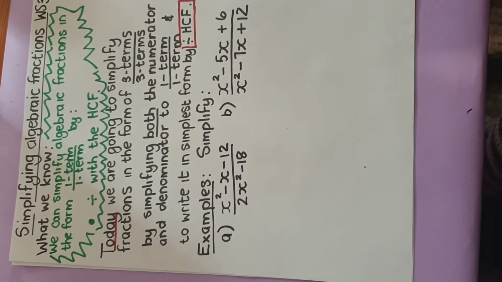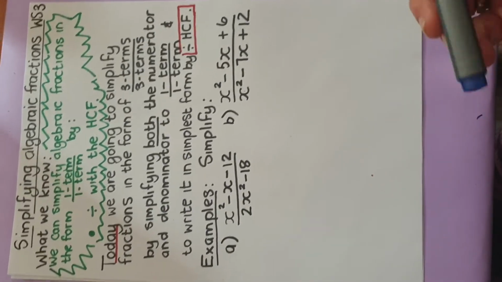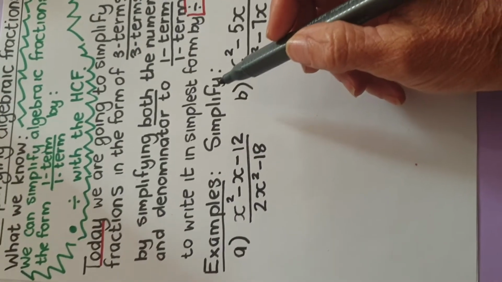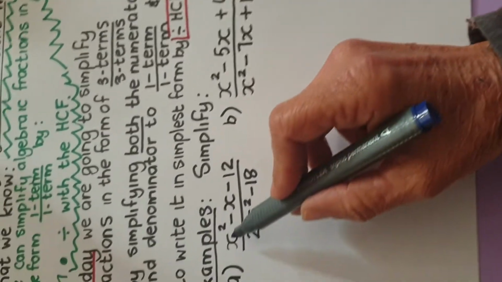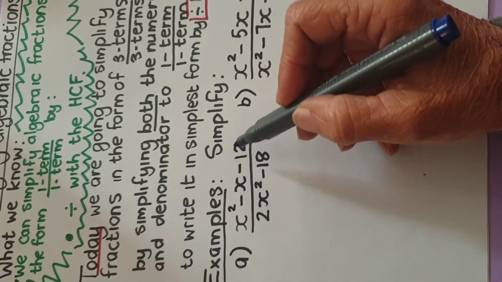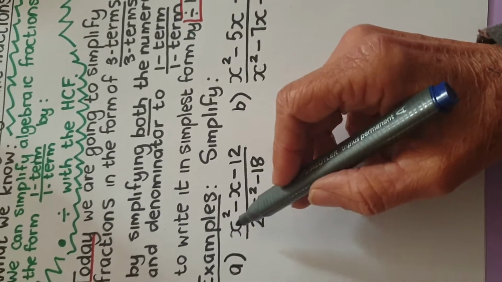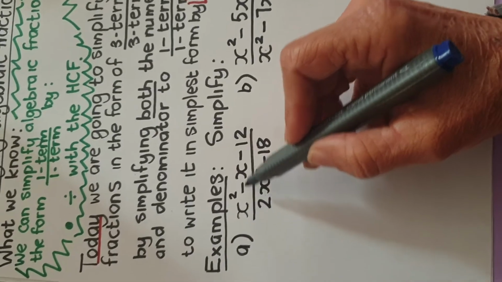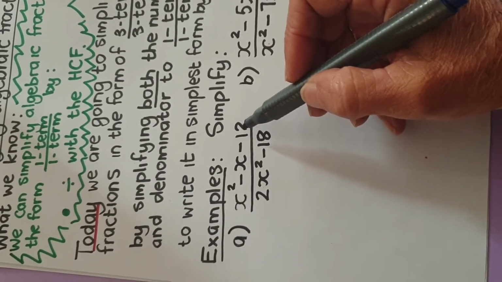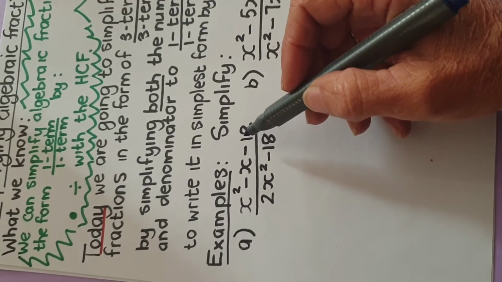So I'm going to start with the first example, where we're simplifying a fraction where my numerator is a three-term expression. If you look at it, you can see that it's quadratic because it's descending powers of x: power 2, power 1, power 0, with your last term being a constant.